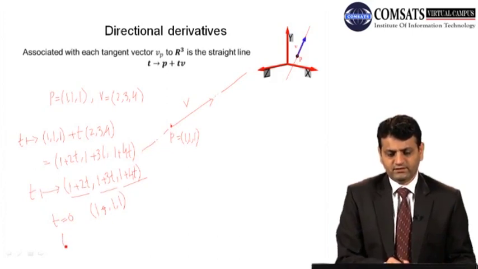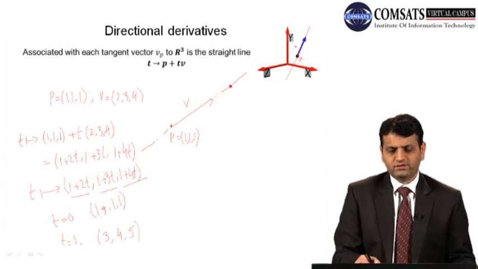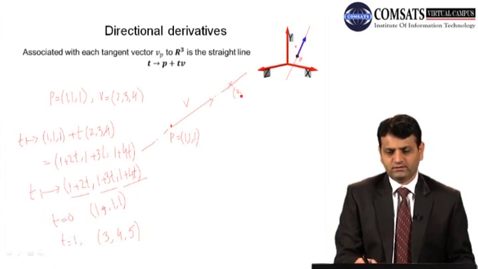Similarly, if I take t equals 1, then I will get (3, 4, 5), which is another point on the same line, and so on.